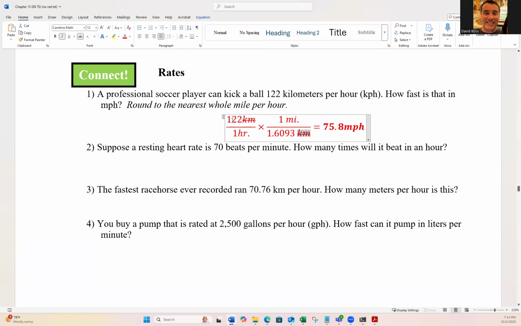So we have 122 times 1 mile divided by 1.6093 kilometers, giving miles per hour. That's what we want. Run this through your calculator: 122 divided by 1 times 1 divided by 1.6093 equals 75.8.